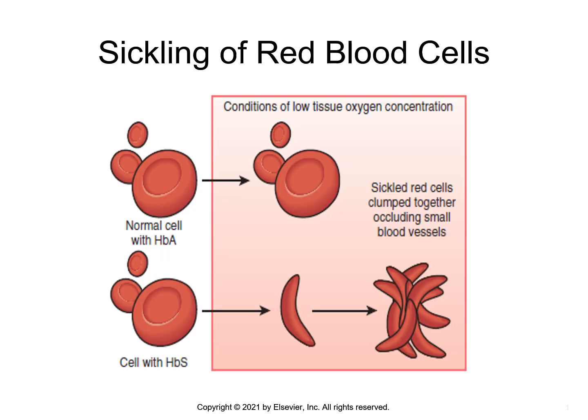The defective hemoglobin S polymerizes when hypoxia is present. This causes the cells to form the sickle shape, block blood vessels. They can break apart and form thrombi that can cause organ damage.